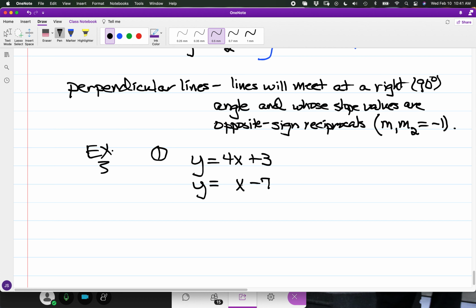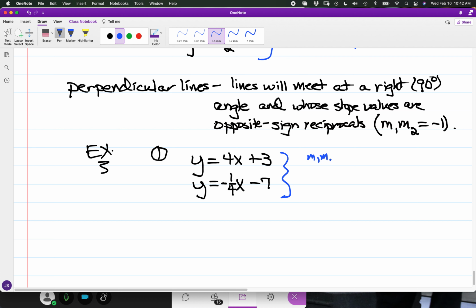Before, when I had the coefficient 4, the lines were parallel. But now, I want for this coefficient the opposite sign reciprocal of 4. So I'm going from a positive to a negative, and the reciprocal of 4 is going to be 1/4. So the opposite sign reciprocal of 4 is going to be -1/4.